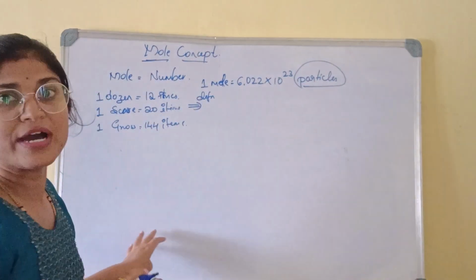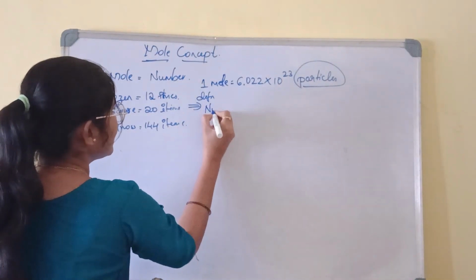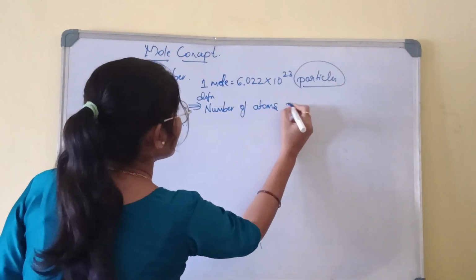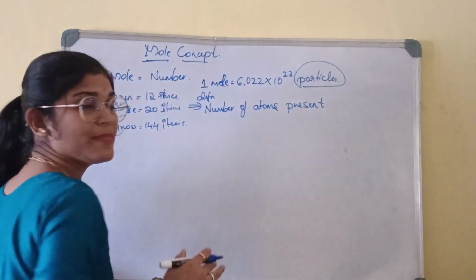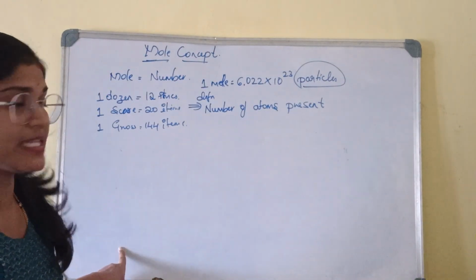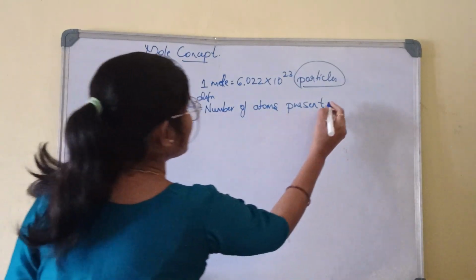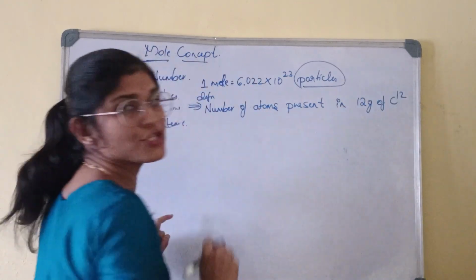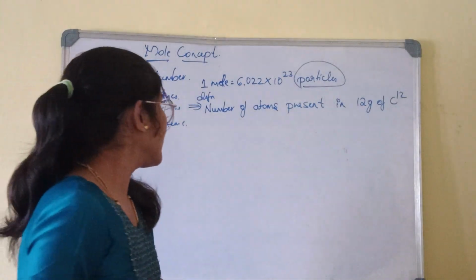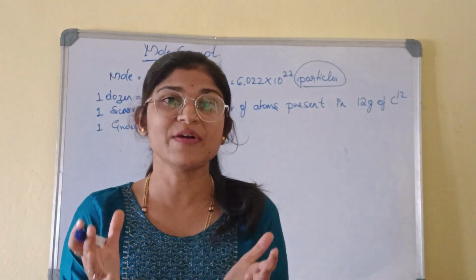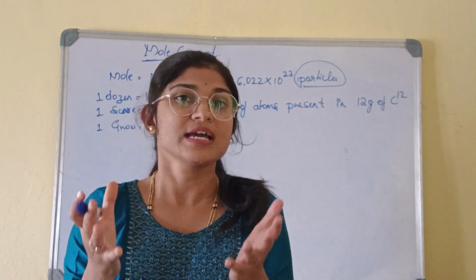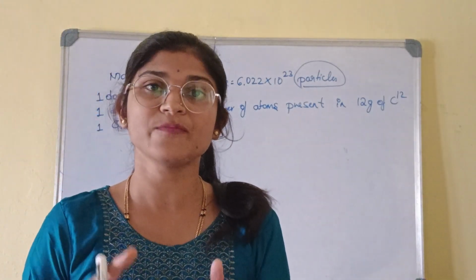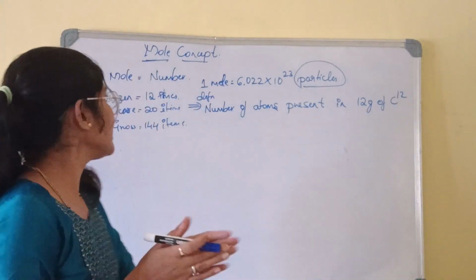Definition of mole: 1 mole is the number of atoms present in 12 gram of carbon 12 isotope. For example, you have 12 gram of carbon in your hand, and you have to find how many atoms are present in it. For that we use 1 mole.